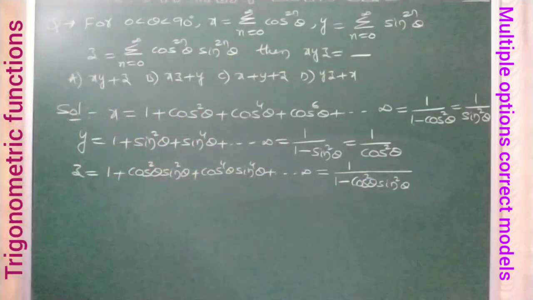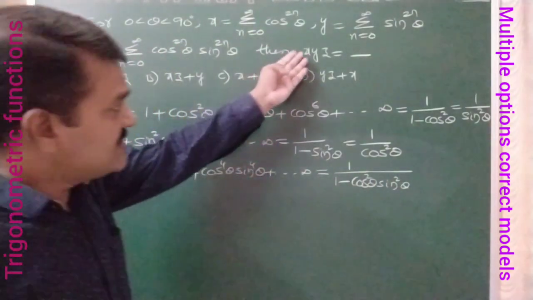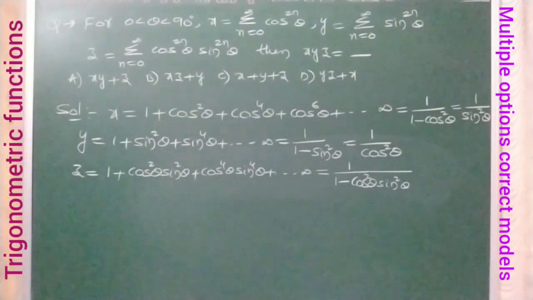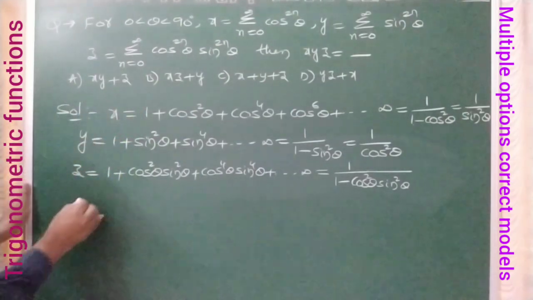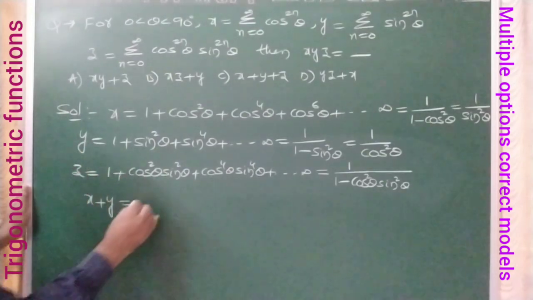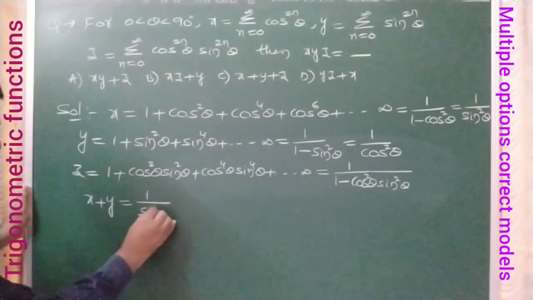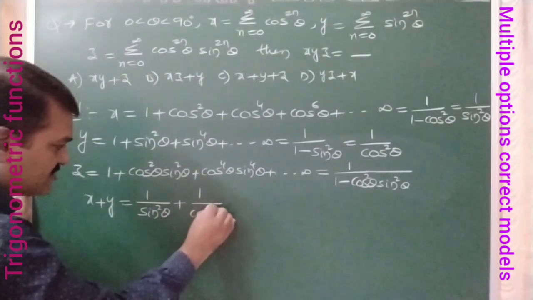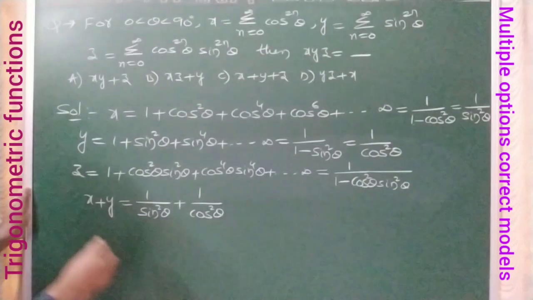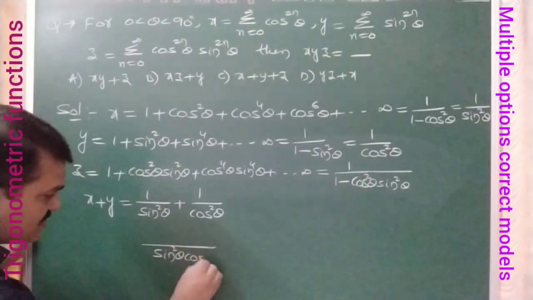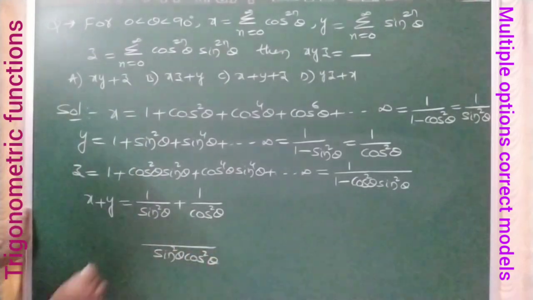So we got the x, y, z values. The xyz product is equal to what? This is what we have to verify. Before starting the problem, let us calculate x plus y. Just observe here. What is x? 1 by sin squared theta. What is y? 1 by cos squared theta. Take the LCM, sin squared theta cos squared theta.